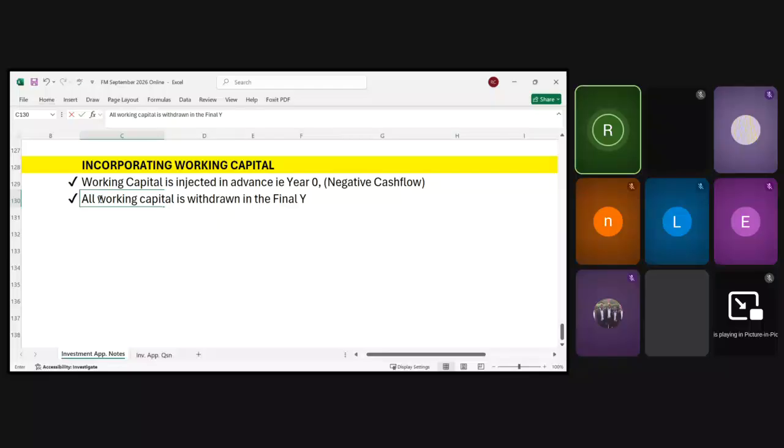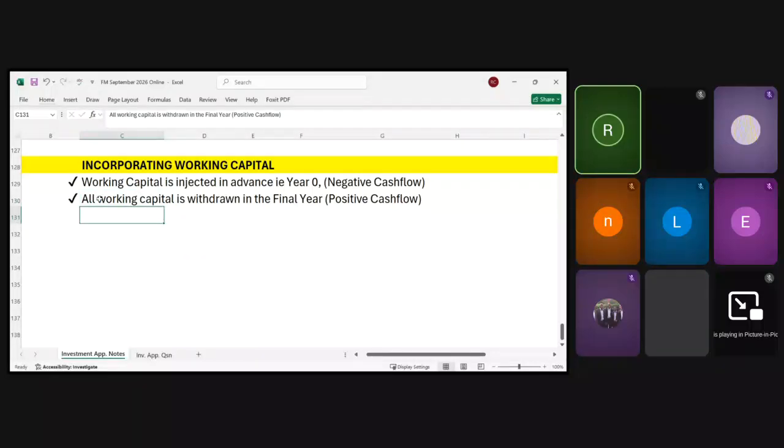Final year. So this is a cash inflow. In other words, this is a positive cash flow. So the two ends of our working capital, that is what we do.